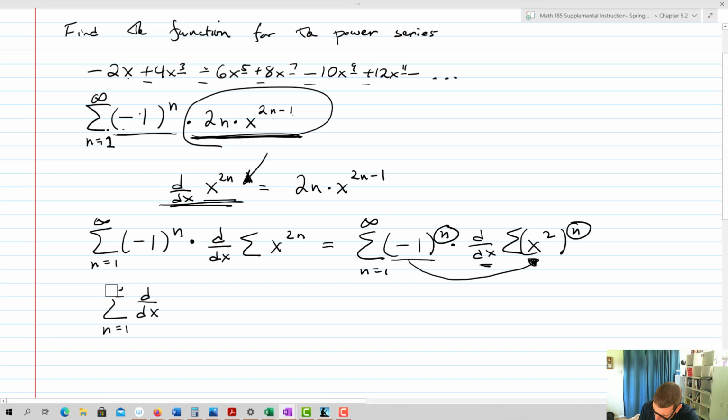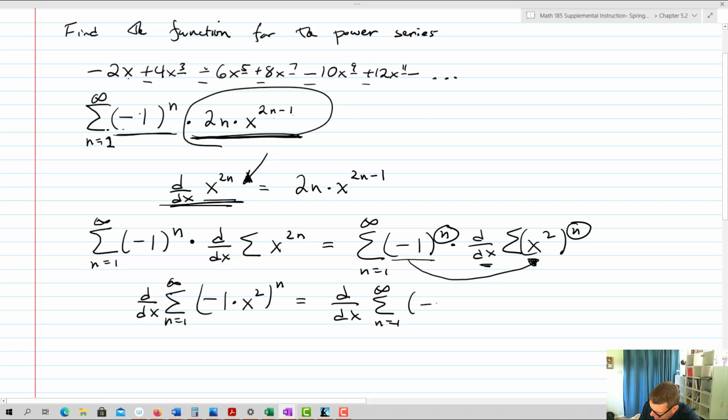So this is going to be d dx times the sum, n equals 1 up to infinity, of negative 1 times x squared to the n, because they're both to the n. So this ends up giving me d dx, the sum, n equals 1 up to infinity, of negative x squared to the n.